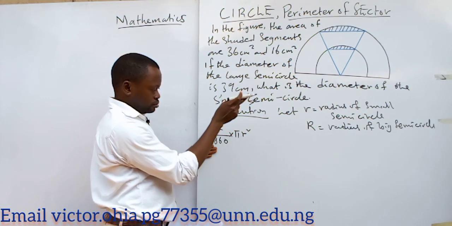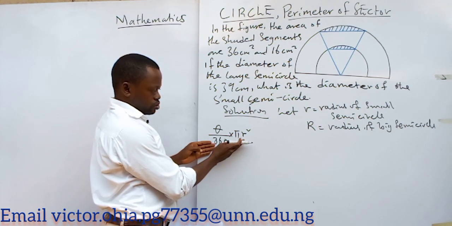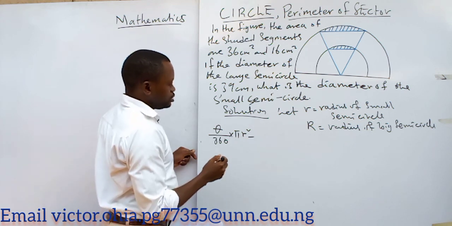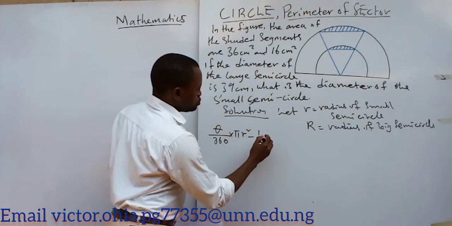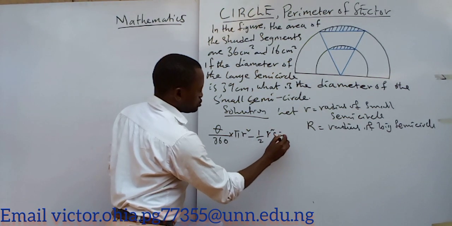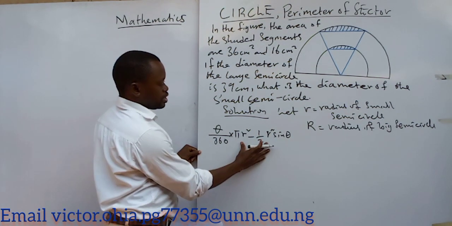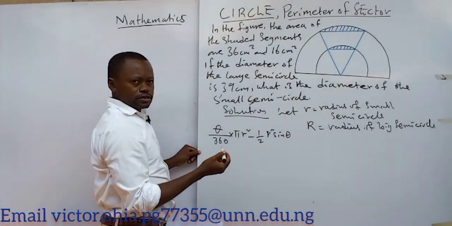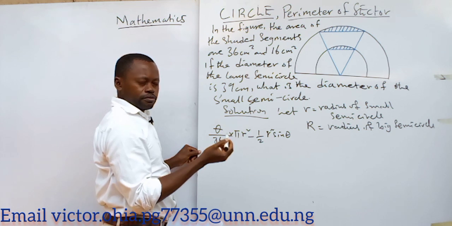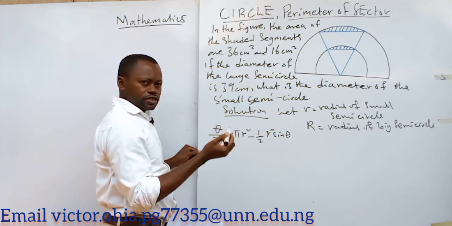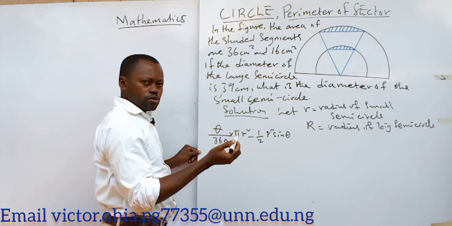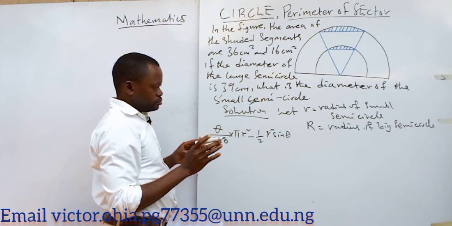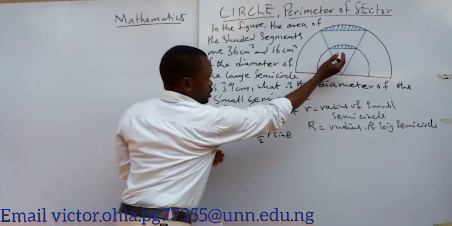Do you get that? So this is for the small sector, and if you remove 1 over 2 r squared sine theta, this now gives you the area of the minor segment of the small semicircle. I am trusting God you are following me.